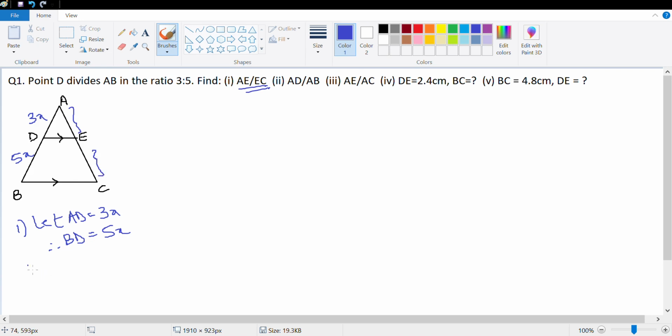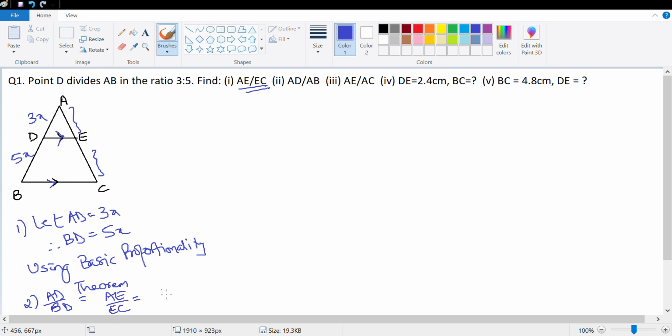Now, using basic proportionality theorem, which says if DE is parallel to BC, which is the third side, then these 2 points will be dividing the two different sides in the same ratio, which means AD upon BD is equal to AE upon EC is equal to 3/5.